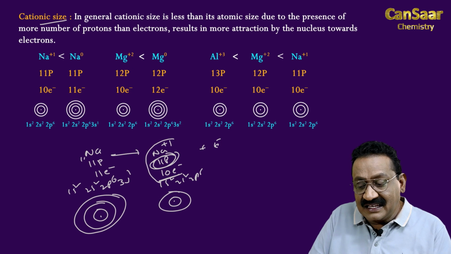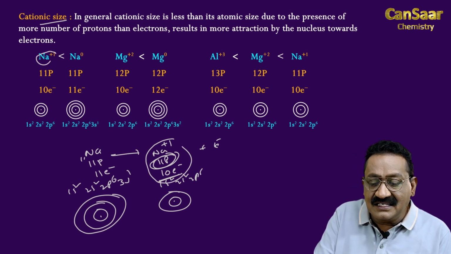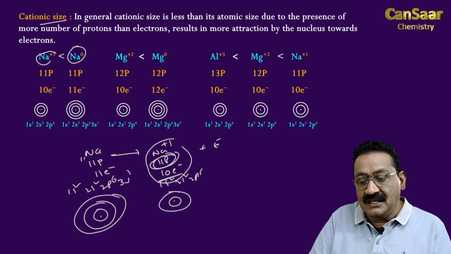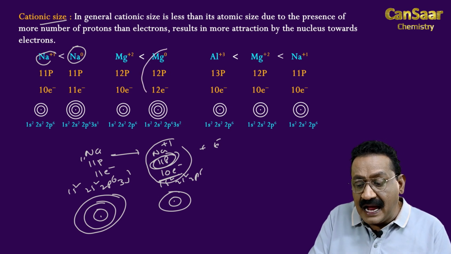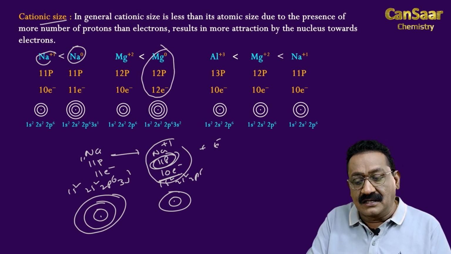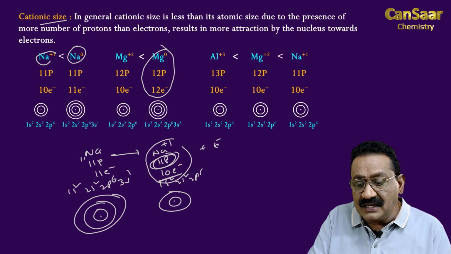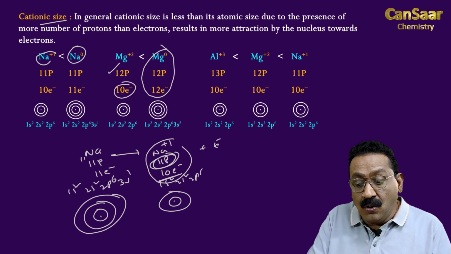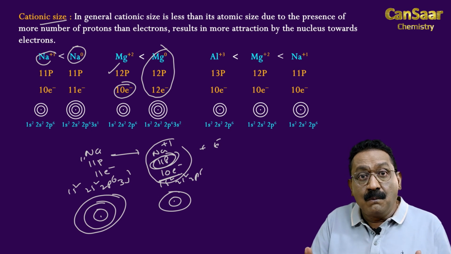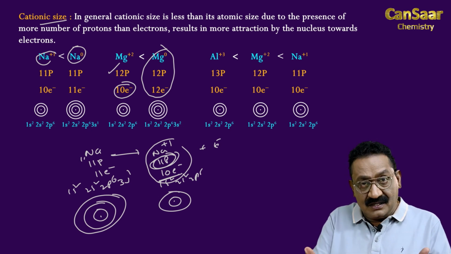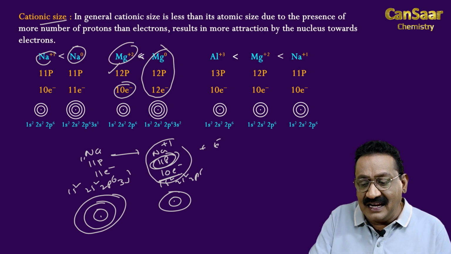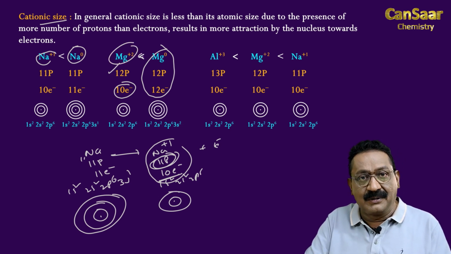In general, cation size is less than its atomic size. Similarly, in the case of Mg atom, 12 protons, 12 electrons. But after losing 2 electrons, it is now 12 protons, only 10 electrons. More protons, more nuclear charge, electrons come closer, hence size is less than its atomic size.